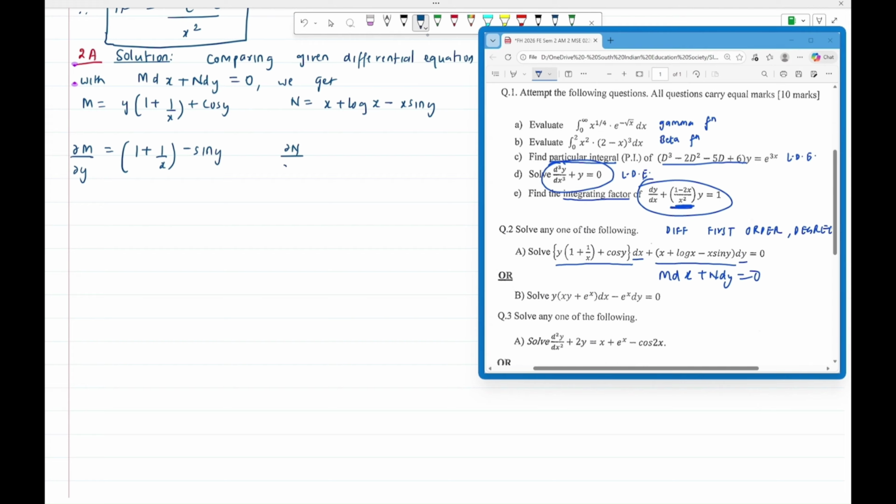While we differentiate n partially with respect to x, the derivative of x is 1 and the derivative of log x is 1 over x, and for minus x into sine y, sine y is a constant and the derivative of x is 1. So as you can see, the two expressions are equal. Since the partial derivative of m with respect to y is equal to the partial derivative of n with respect to x, we can say that the given differential equation is exact.